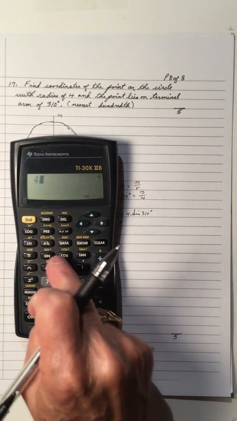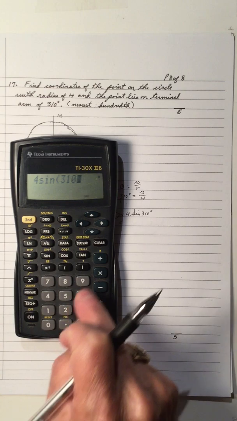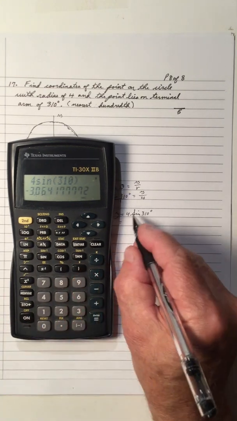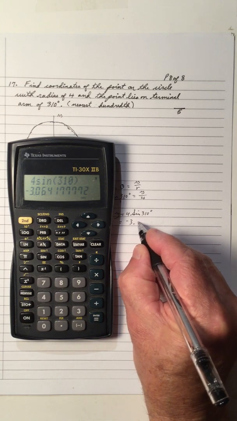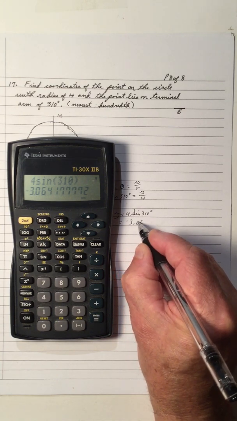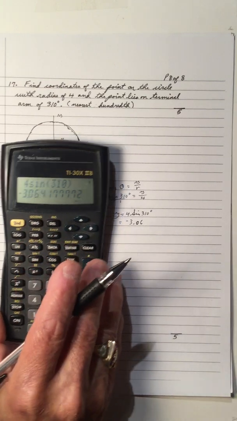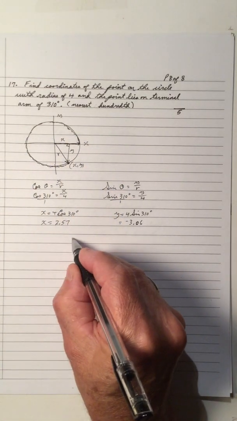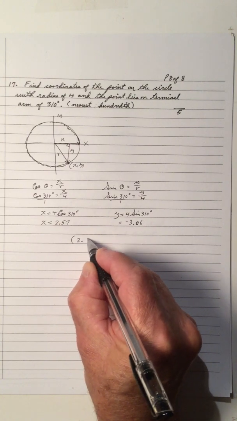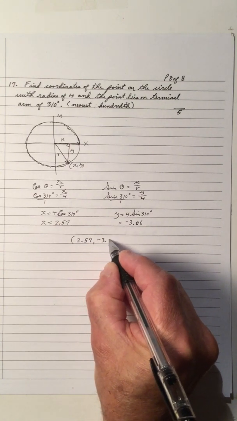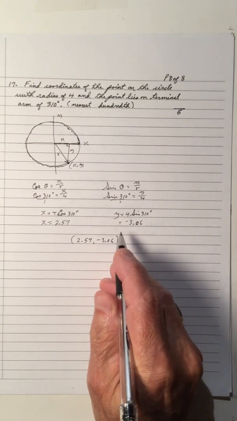We have 4 sine 310, and we have a negative 3.06. Again, the 4 is less than 5, so the 6 stays, so there's a negative 3.06. So the point has x coordinate 2.57, and the y coordinate is negative 3.06 approximately.